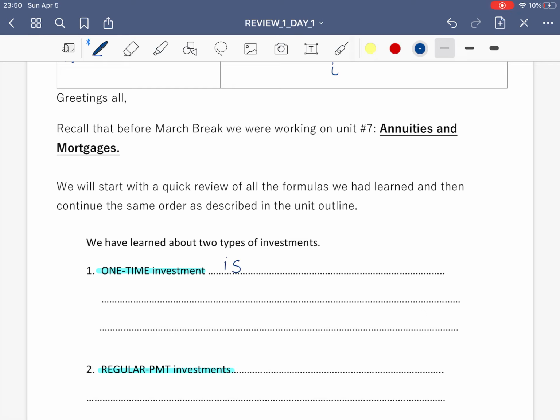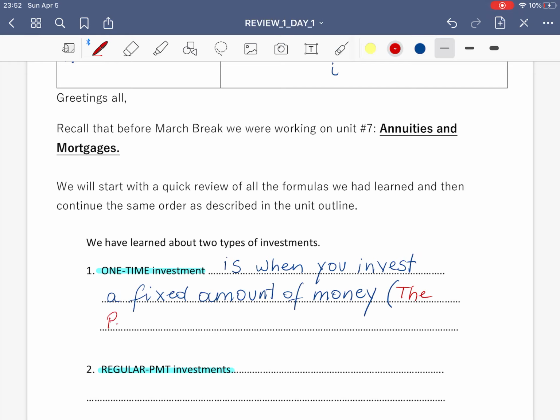So again, we said that this is when you invest a fixed amount of money, which is also known as the principal amount, one time only.